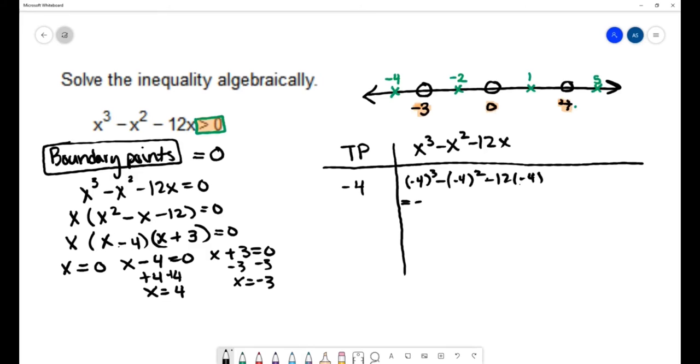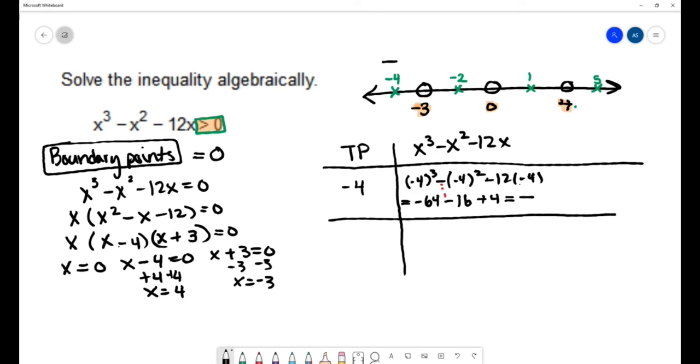Negative 4 cubed is going to be negative 64, I believe. Let me just double check. Yep. And this would be a minus 16. I carried that minus down, and negative 4 squared is a positive 16. And 12 times 4 is 48, and that's a plus 48. And so I can see that this is going to come out to be negative.